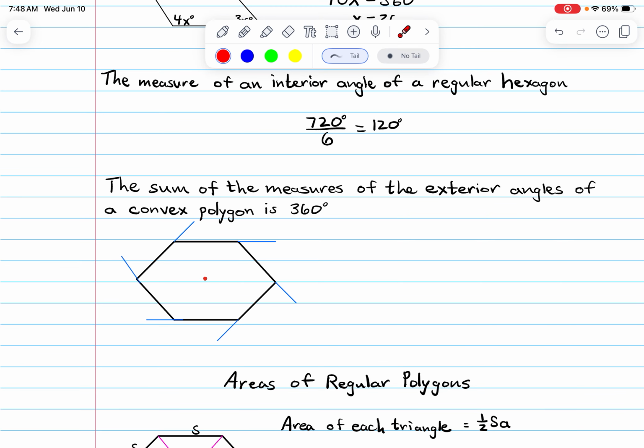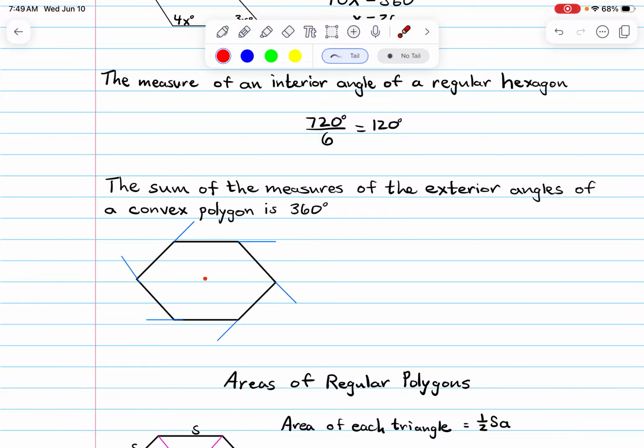Now I want to talk about the sum of the measures of the exterior angles. And the way we get the exterior angle is we just extend a side. So see this side right here? I'm going to take this side and extend it. This side, extend it. And you see I'm extending all these sides.